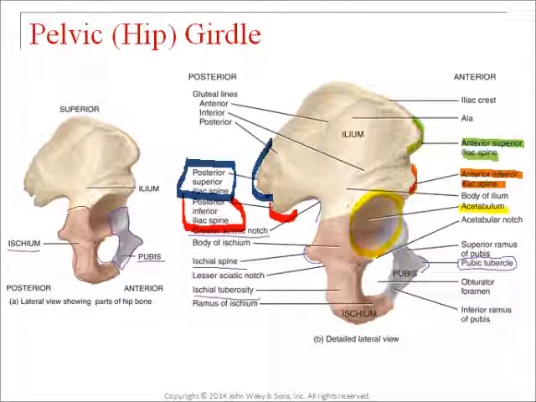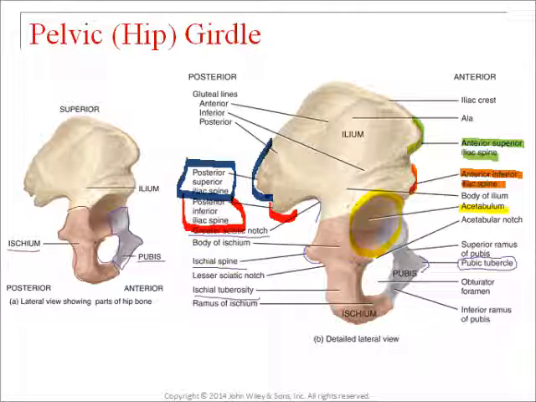For example, in blue, the posterior superior iliac spine, we might call that the PSIS. So the PSIS is, if you feel on your low back, you kind of feel those two little hooks just above the sacrum, or some people actually have dimples on their low back. That would be the general area of the PSIS, posterior superior iliac spine.